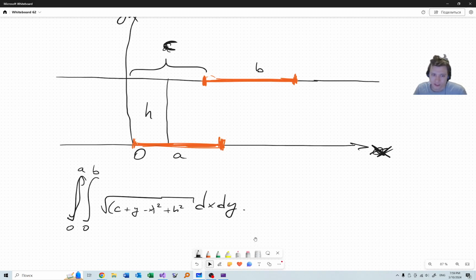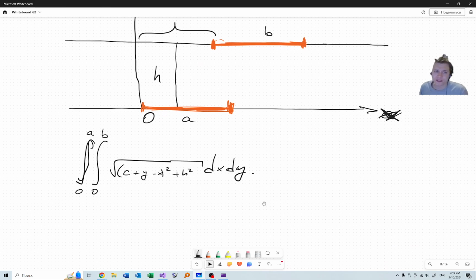Okay, if we do it like this, then we have the integral from 0 to a, and then actually instead of x we can consider this is y, this is x.